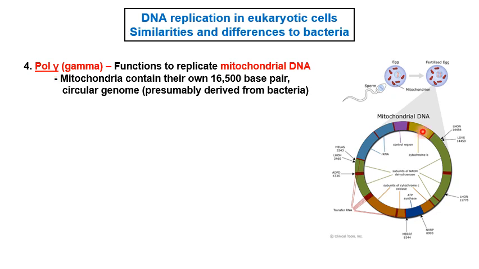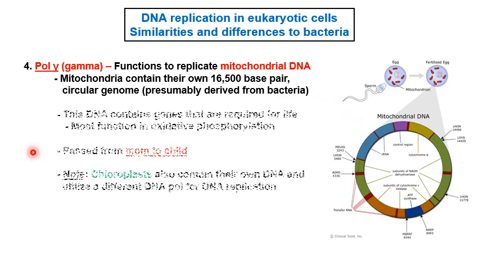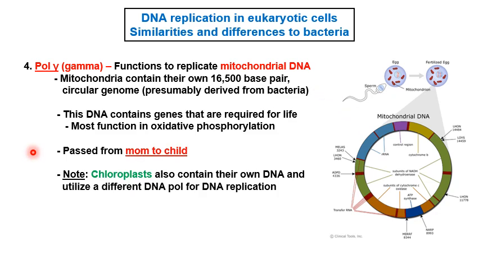Okay? So here is showing this circular, relatively small mitochondrial DNA. And here the polymerase that does the replication is the gamma. Now, the inheritance of mitochondrial DNA is only passed down from the mother to the child.